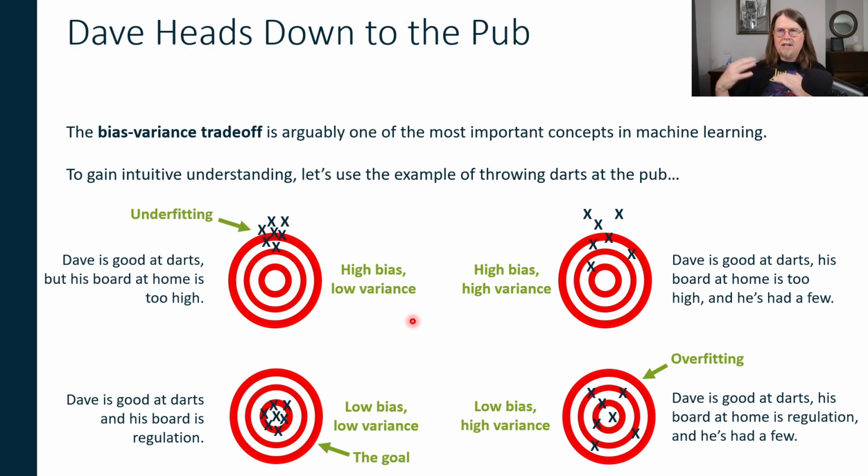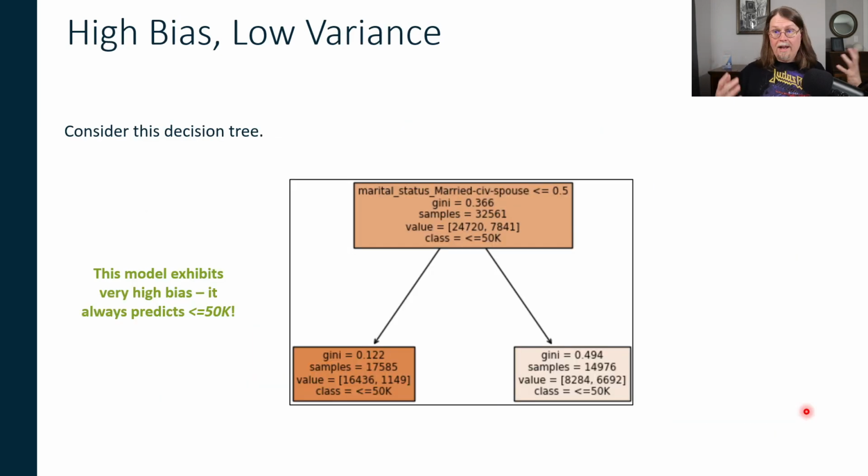Now, let's take these concepts and then map them back again to a couple example models. All right, so on this slide, we've got that decision stump that we saw a couple slides ago. I've just made it a little bit bigger so it's easier to read. And this is a quintessential example of a high bias, low variance model. It's almost absurdly so. And here's the thing.